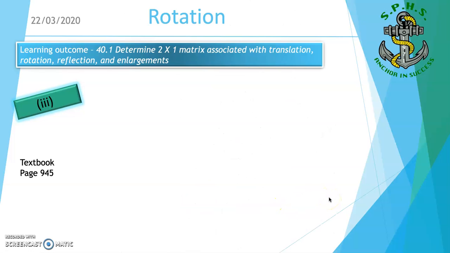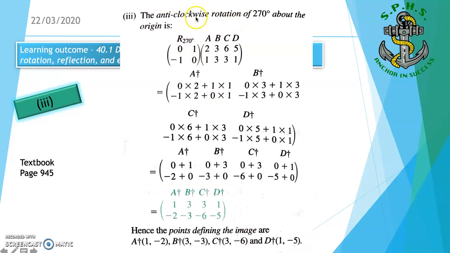Part 3 said to rotate it 270 degrees anti-clockwise. Substituting, the cosine of 270 degrees is 0. Sine of 270 degrees is negative 1, and negative 1 times negative 1 gives me a positive 1.